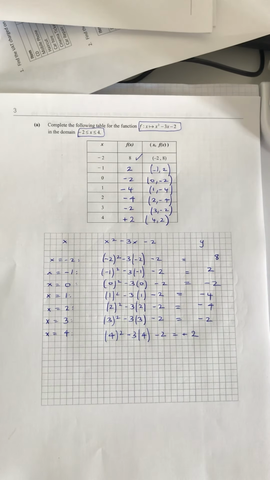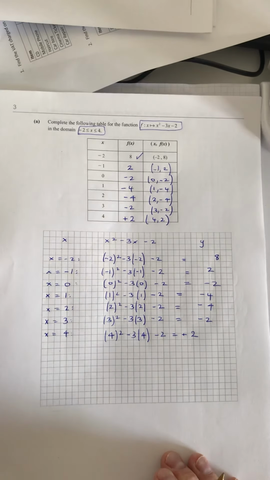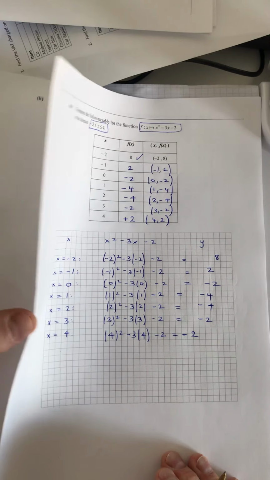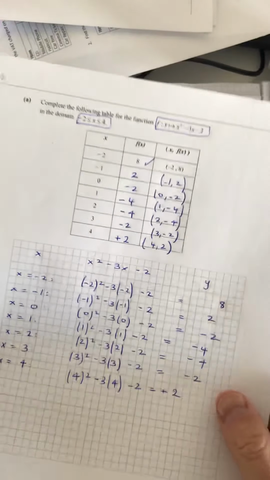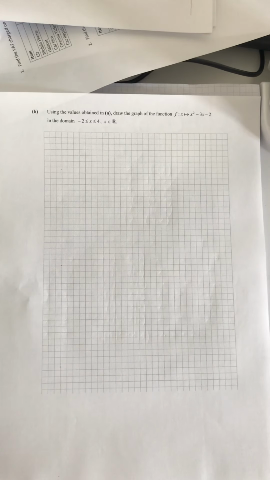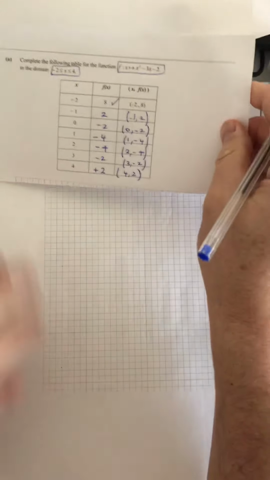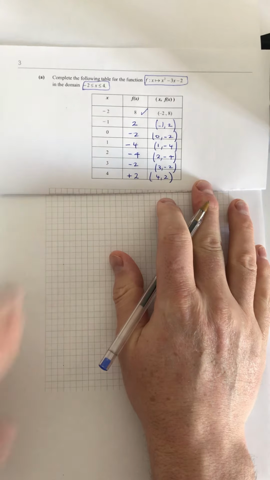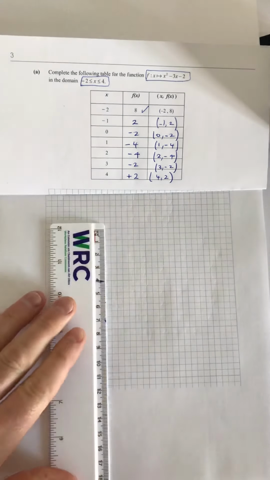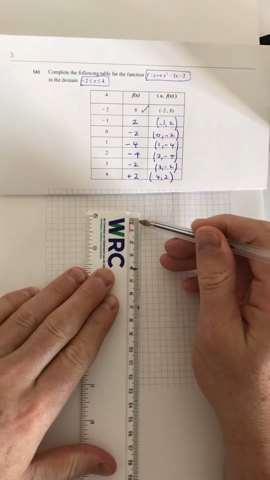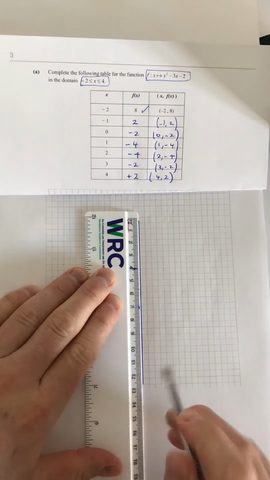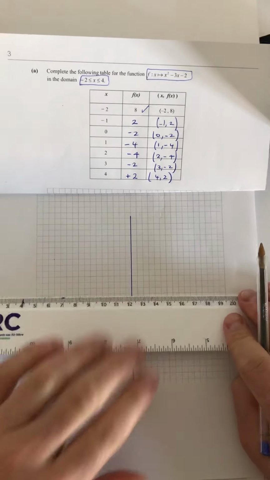Okay? So we're going to use those points to draw a graph. So we load the space to draw the graph. So we're going to draw this graph on our x and our y axis. So give ourselves loads of room, our x and our y axis.